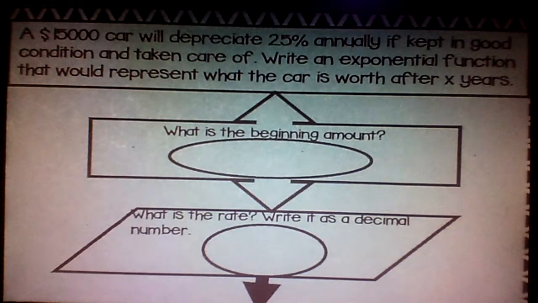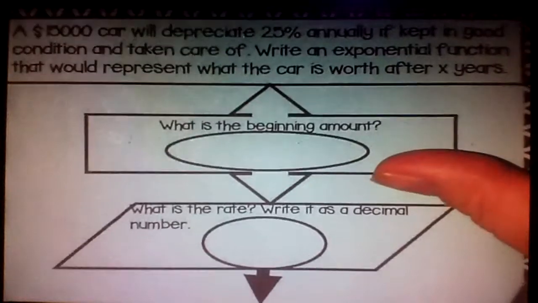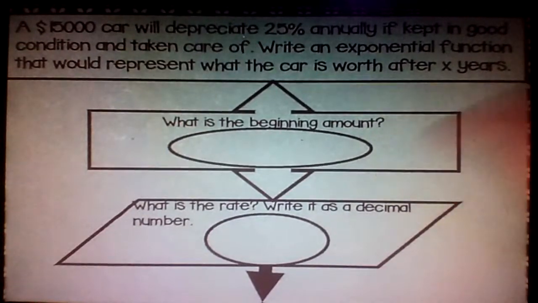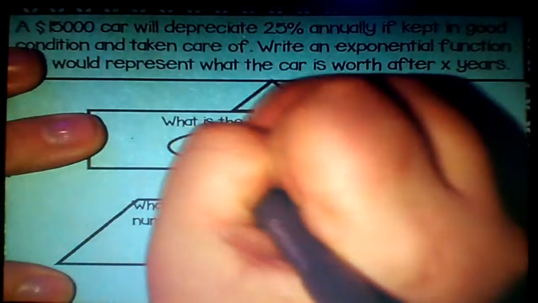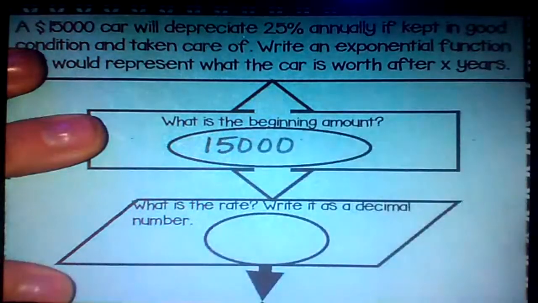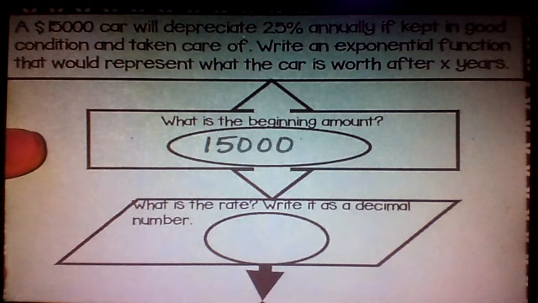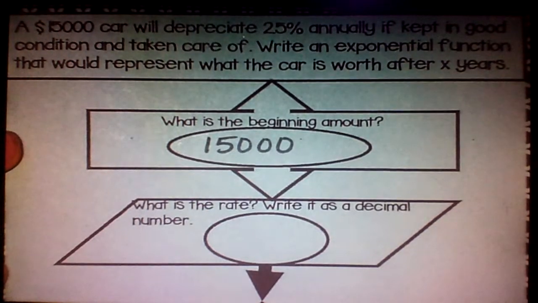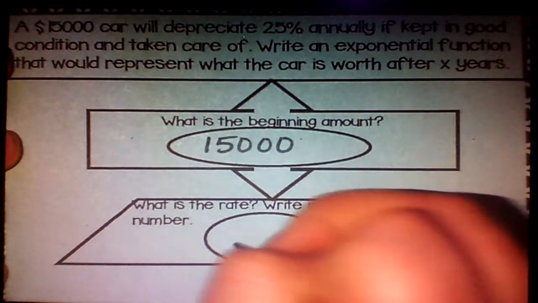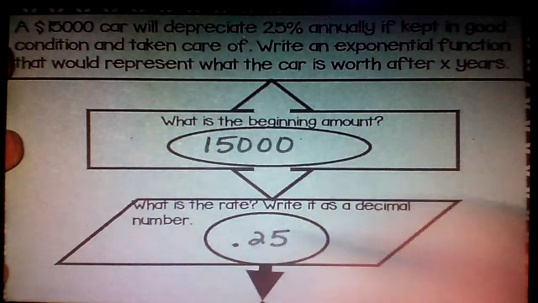Okay, so the first thing you have to identify from your word problem: what is your beginning amount? 15,000. Okay. What is the rate? And they want you to write it as a decimal. 0.25.